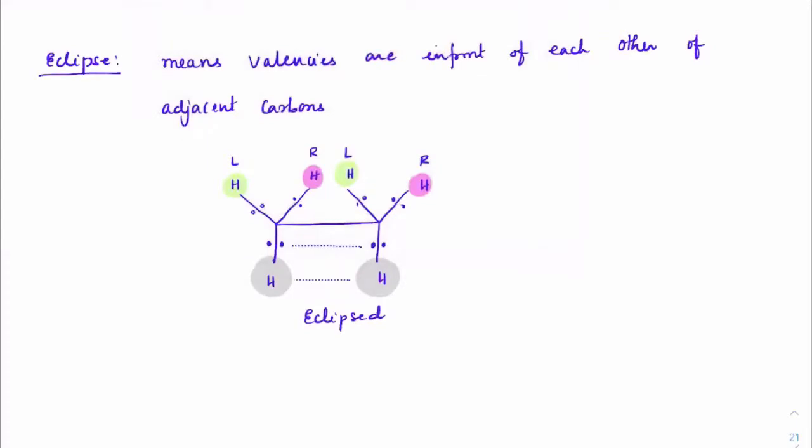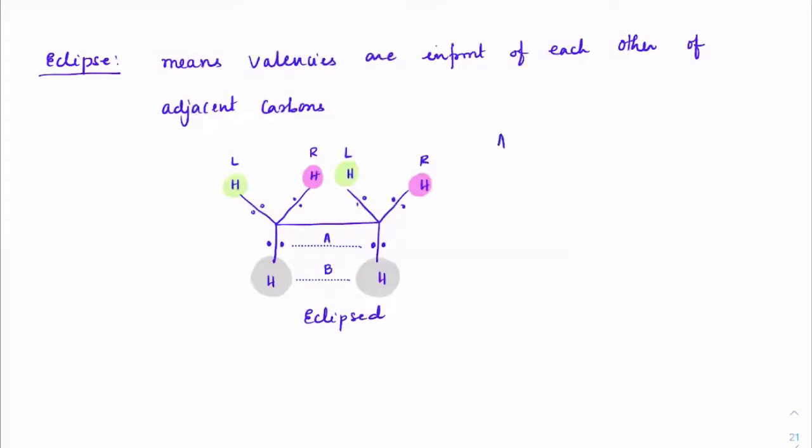Okay, the same thing happens on the other side also. These two pink ones will repel each other, these green ones will repel each other, and their bond pairs will repel each other. Got it? So the repulsion is happening by two means. I will call them A type of repulsion and B type of repulsion.